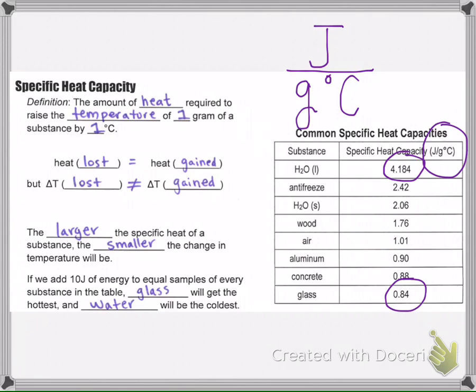So that means if something made of glass was heating up, it would feel very hot, but it wouldn't look hot. With water, you need to put in a lot of energy to heat it up.